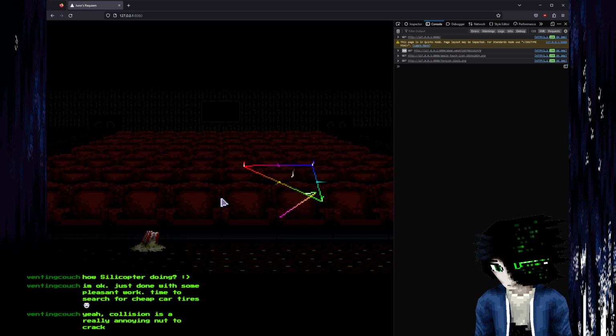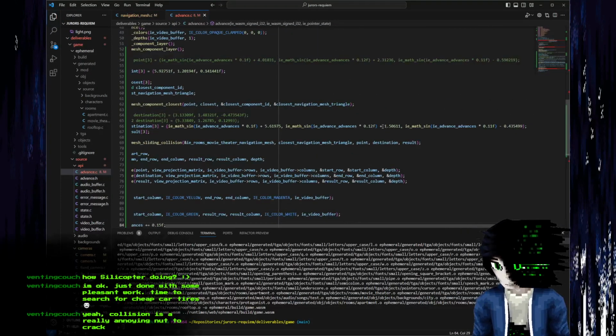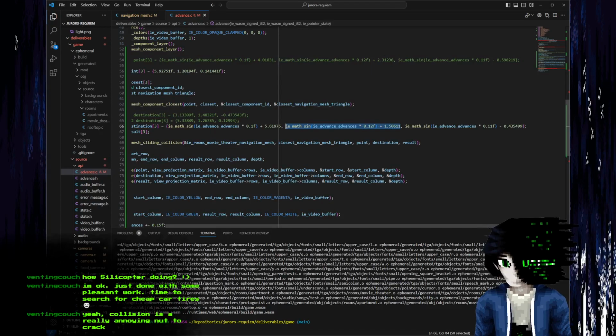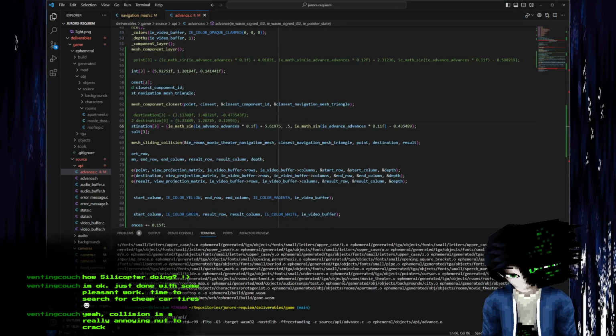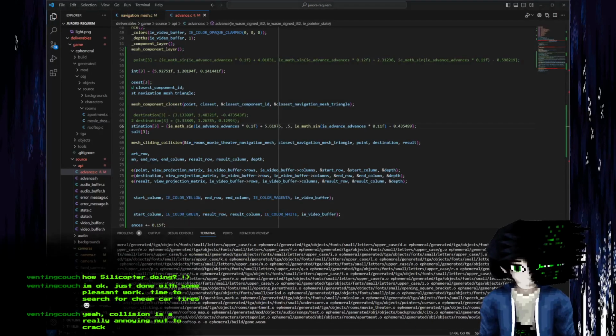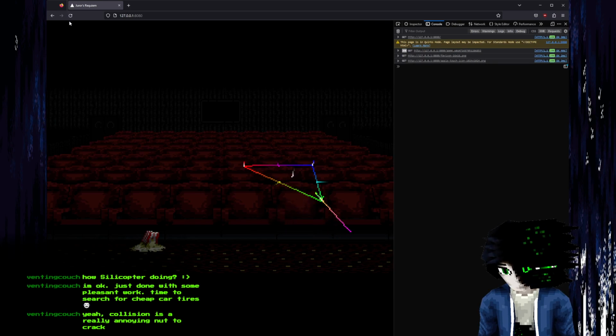Yeah, I'm not sure my solution actually works because that doesn't look terribly linear. Let's just adjust this so it's basically always on the floor. Yeah, it doesn't seem to be tracking along edge BC very well.